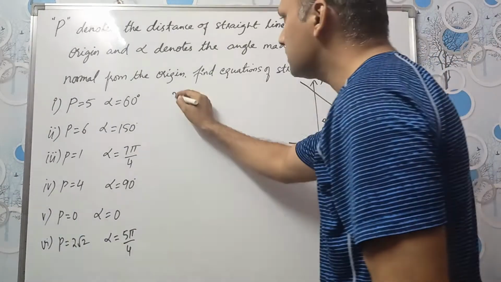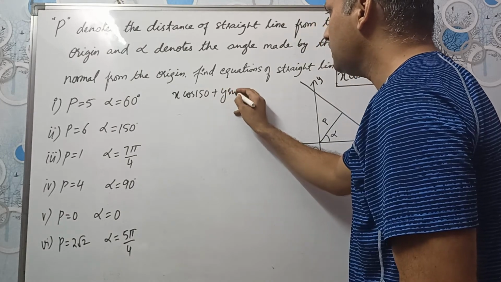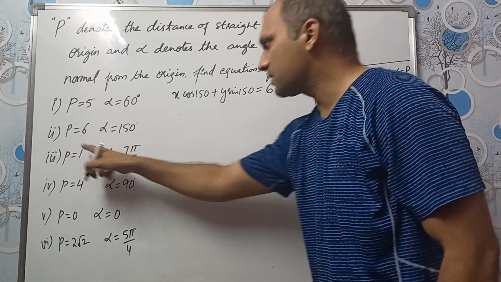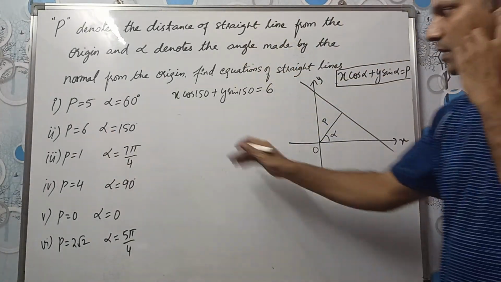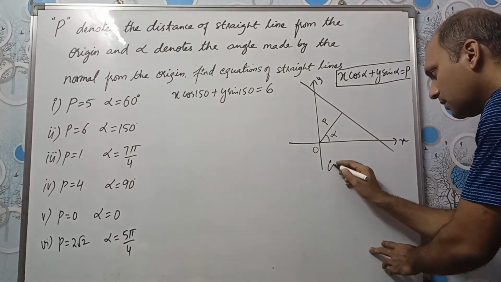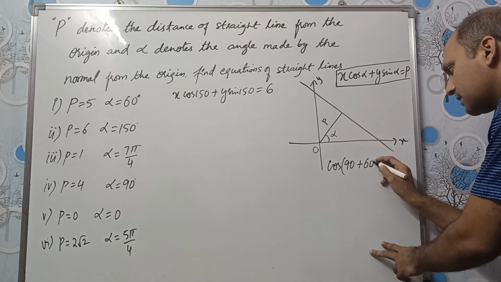Alright, now see, x cos 150 plus y sin 150 is equal to 6. The perpendicular distance is 6. Okay, now see, how should we find the value of cos 150 and sin 150? See, cos 150 we can write as cos of 90 plus 60.